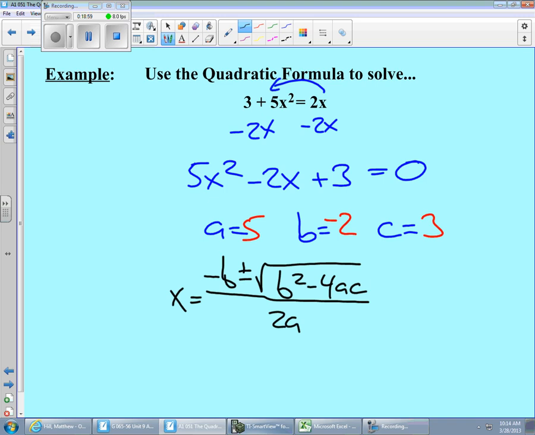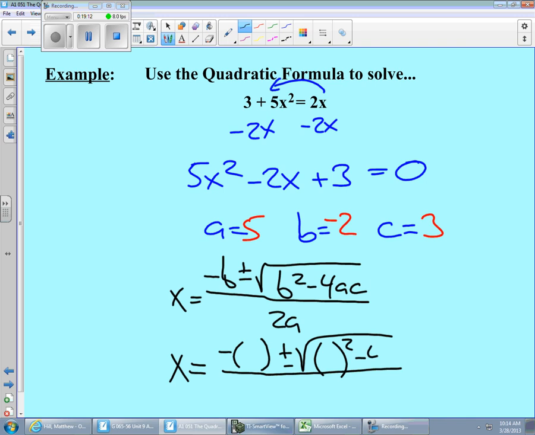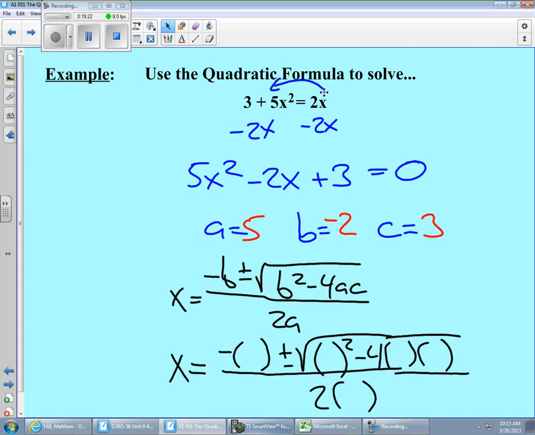The formula says x equals big fraction, negative, we need to plug in b. The formula says plus or minus. We've got a square root. We've got a b we've got to plug in, squared minus 4. We've got an a we've got to plug in. We've got a c we've got to plug in. And the formula says 2 and an a we've got to plug in. You don't have to do all this with the parentheses and stuff like that.